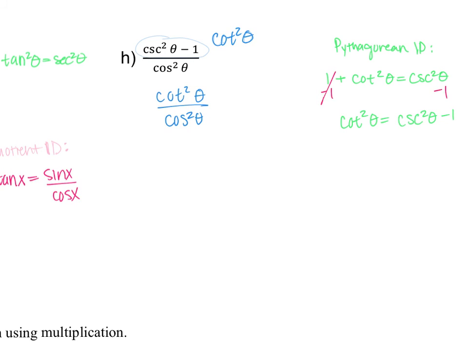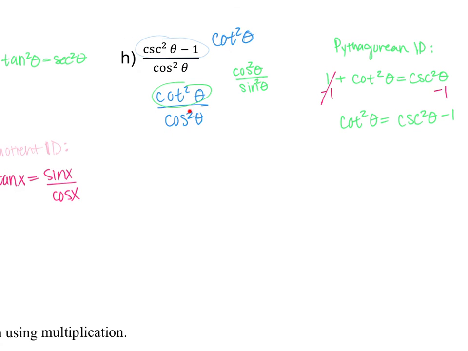And then let's see, what could I do next? I have a cosine on the bottom, so there's not much I can do with that. But I can switch the cotangent on the top. Cotangent is just cosine over sine, and since we have cotangent squared, these are squared: cosine squared over sine squared.